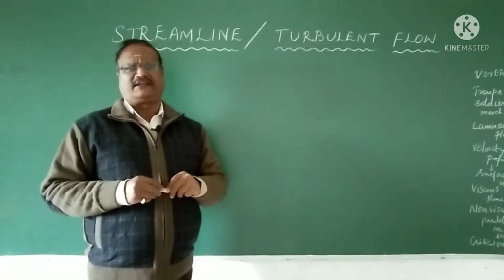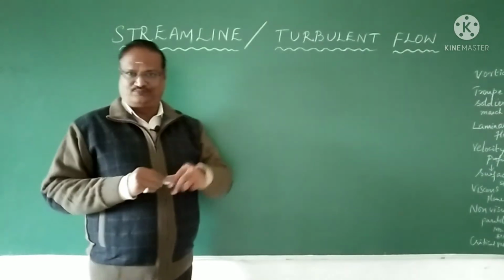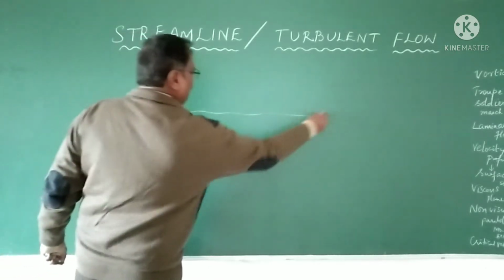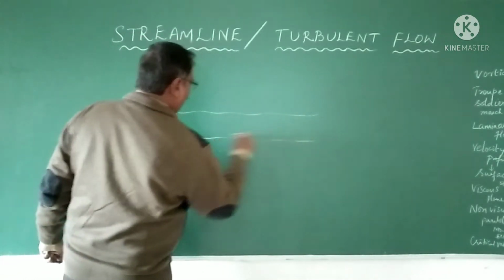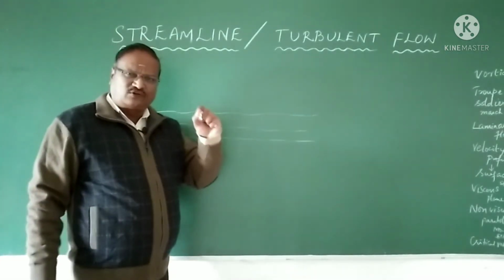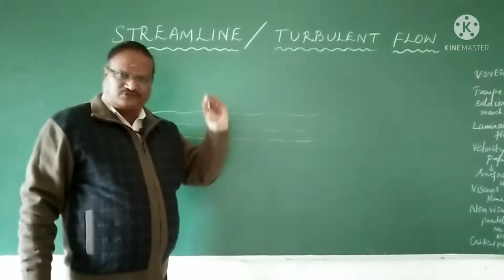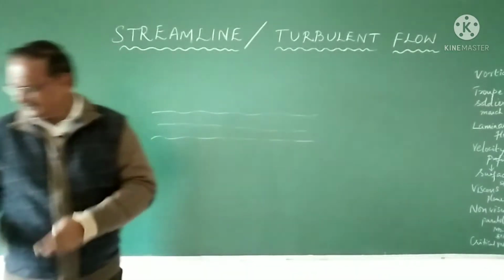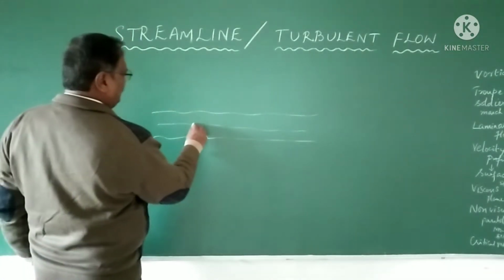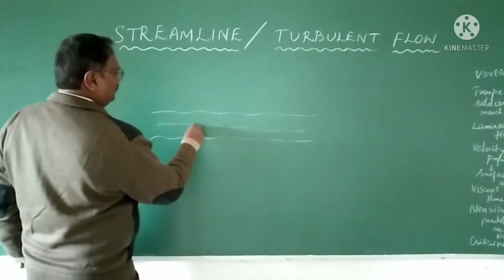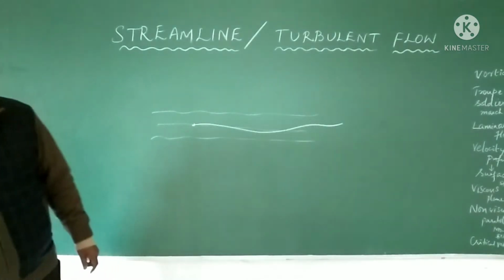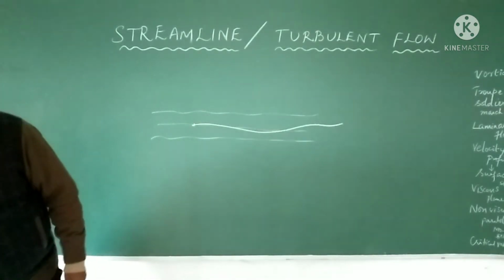Now what do you mean by streamline flow? Let us take for example a river. In a river the water is flowing. Now let us assume a particular line of water. Let me erase all the other points here.